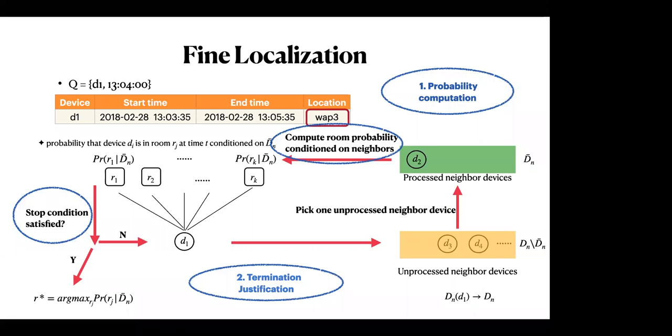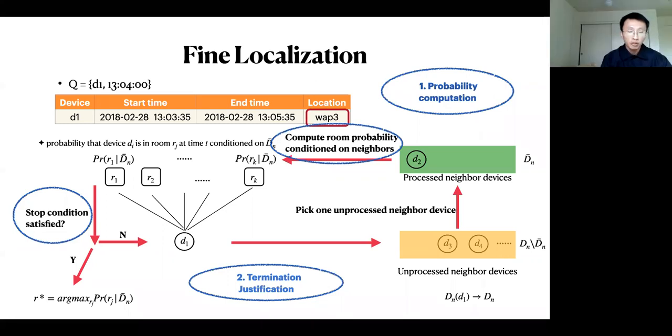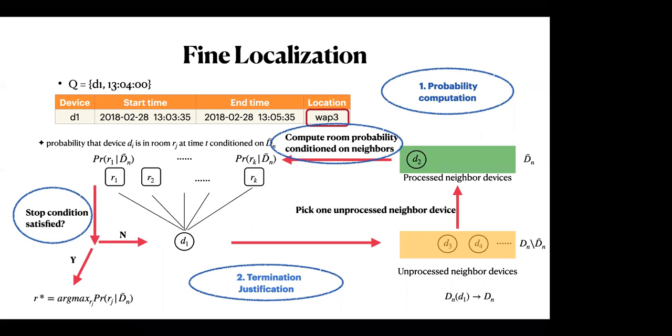How do you pick the neighbor devices? Is it randomly picked, or is it picked in an order, and is it order dependent or independent? Okay, so for now it's random, but I will describe the optimization strategy later. But is the eventual answer, the probability you get, order dependent?